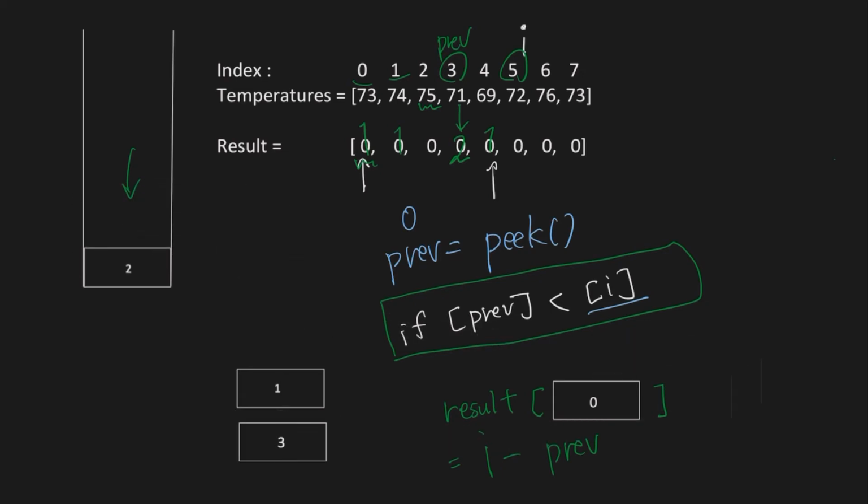And then previous index will go back to here because we're going to peek from the stack. And we will check if the number at the current index is bigger than the previous index. It's not. So in that case, we're just going to add index 5 and keep going. But if you keep going to the end of the array, we're going to have a result array.